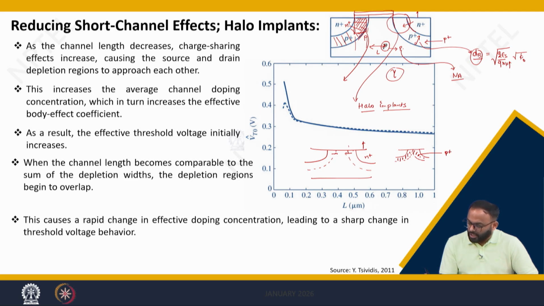Thus, the gamma of that region is locally increased, and hence the threshold voltage shows an increasing trend. There will be an abrupt rise in the threshold voltage, which was decreasing with the channel length. However, because of these halo implants, we increase the threshold voltage. This kind of effect is called reverse short channel effect.